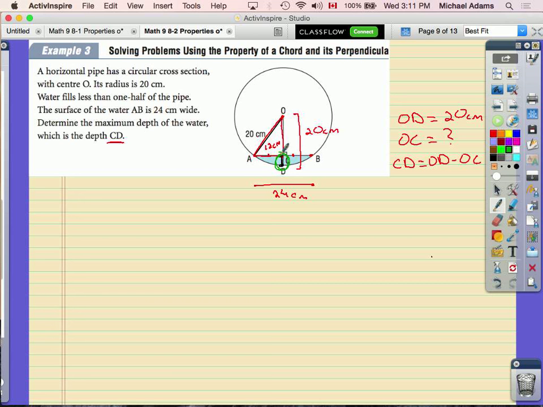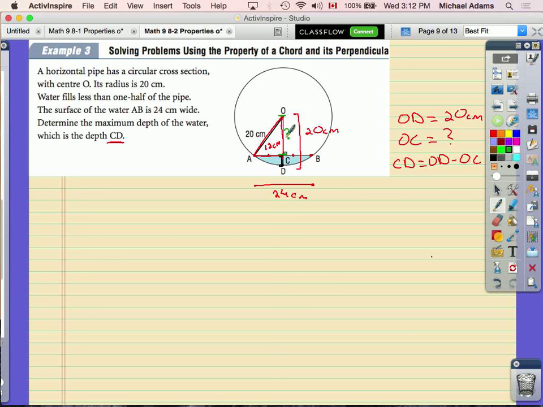In order to do this, we're going to have to use the Pythagorean theorem. So why are we going to use the Pythagorean theorem? Let me actually erase this because I don't know what OC is. So basically from here to here, that's my unknown. I don't know what that is, so I'll use the Pythagorean theorem.